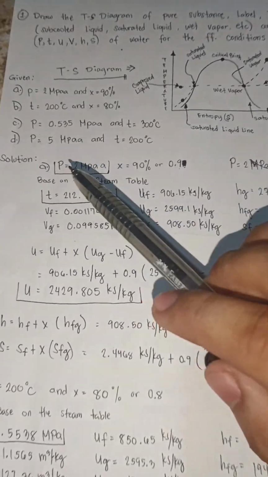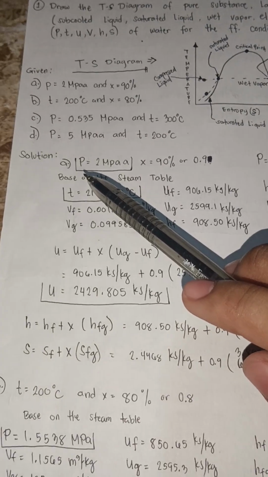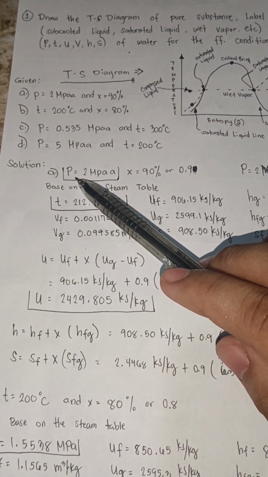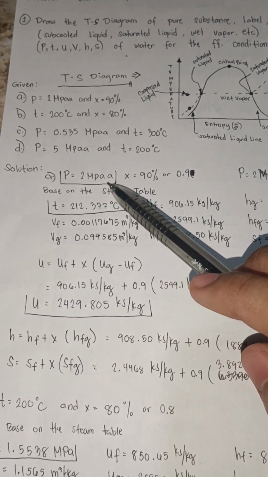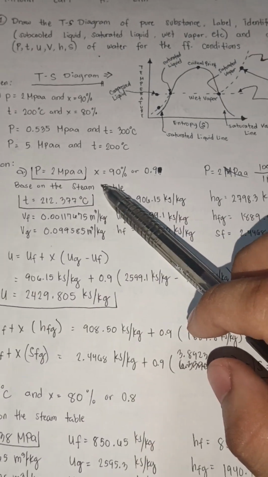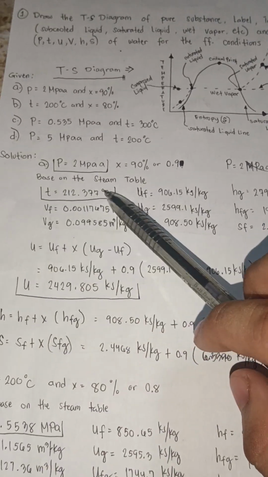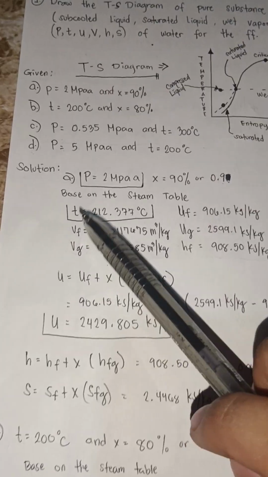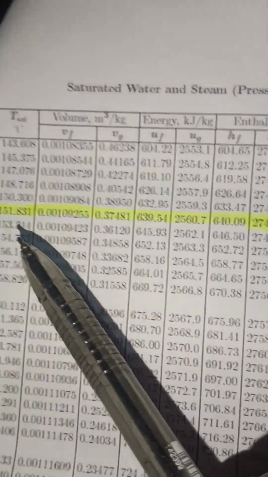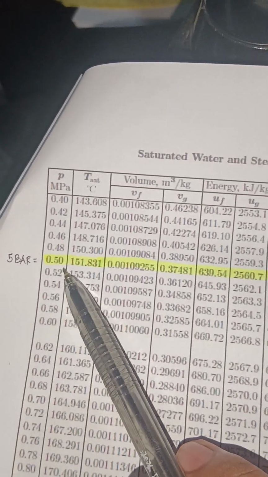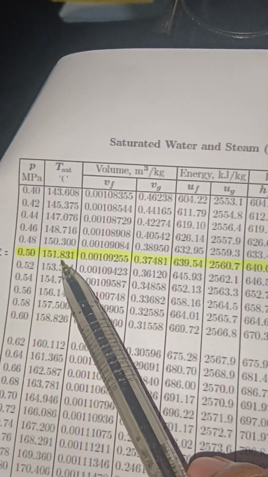So to solve, here's the solution for A. Given the pressure 2 megapascal absolute and the quality X is 90% or 0.9, based on the steam table, here are the givens.